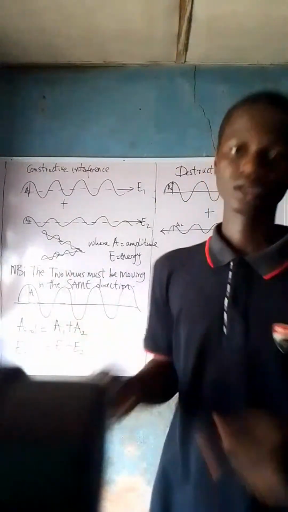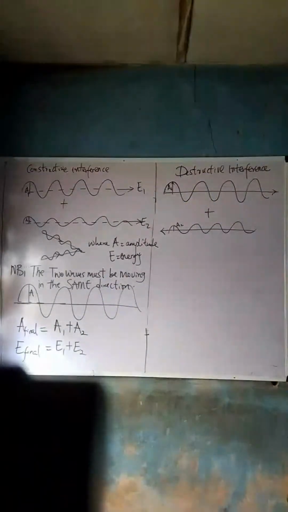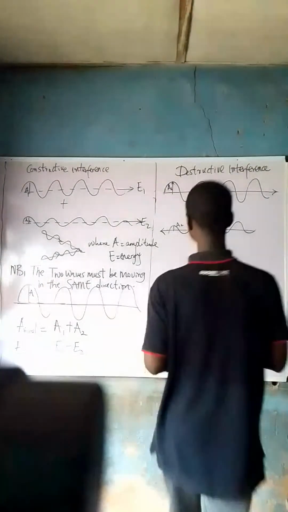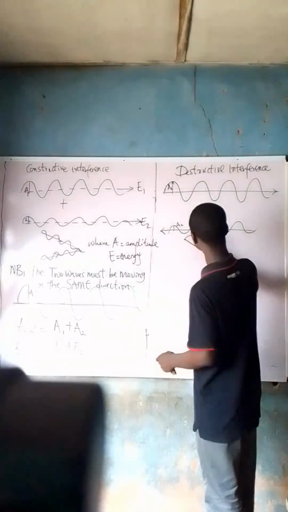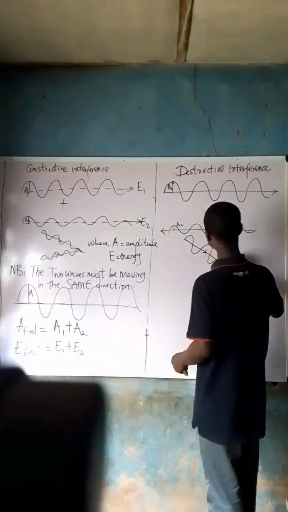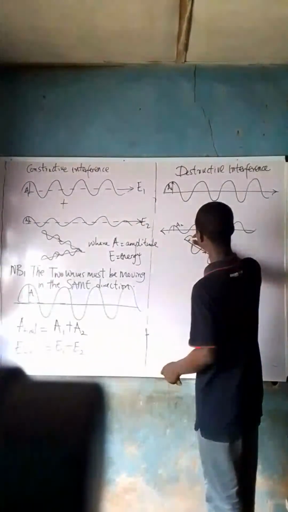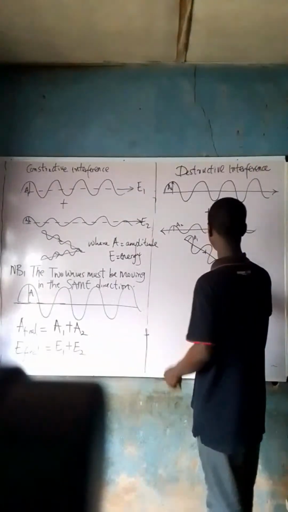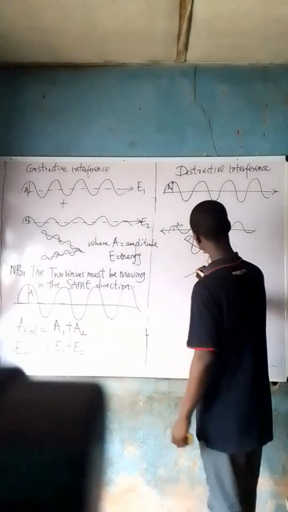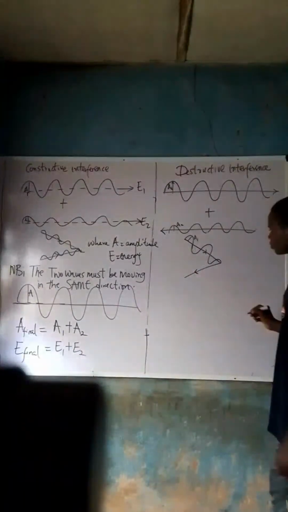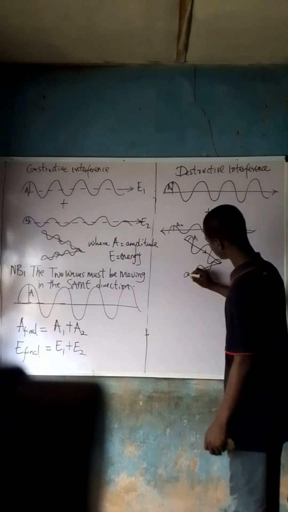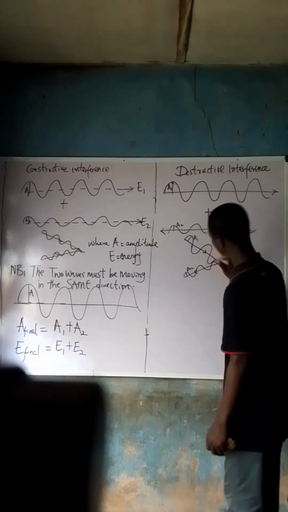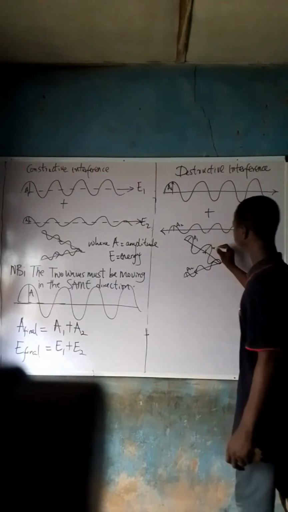Are you seeing that? So these are the waves, and they are moving in opposite directions. Now what happens if they superimpose on each other? This one was coming in this direction with a larger amplitude and larger energy, A1, and then it's superimposed on a wave that is traveling in the opposite direction, A2. Larger amplitude for A1.